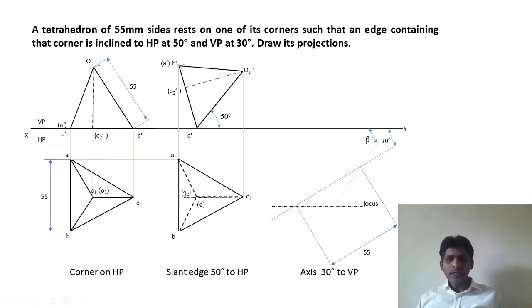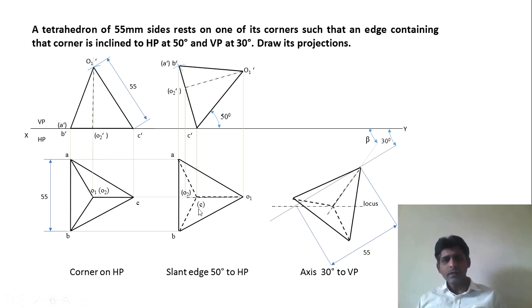So this has to be redrawn here on the apparent length line. You can see that here we have point O1, and this is nothing but point C. So from here we can measure O1A, and mark O1A.